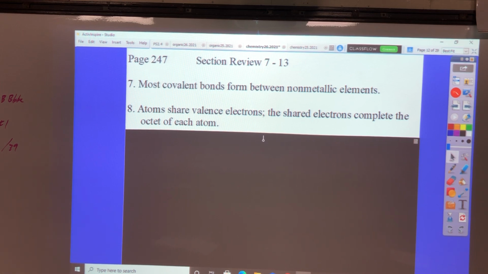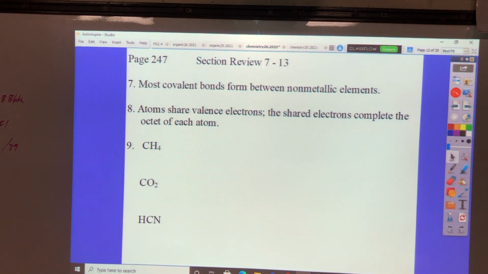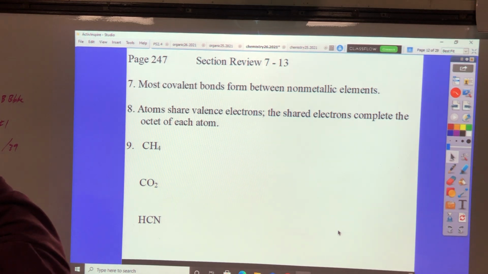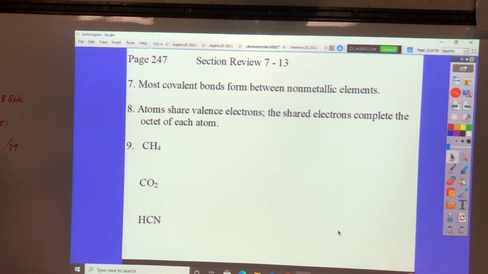Illustrate the formation of single, double, and triple covalent bonds using Lewis structures. Single bonds with methane. I'm pretty sure I have this on the next page.